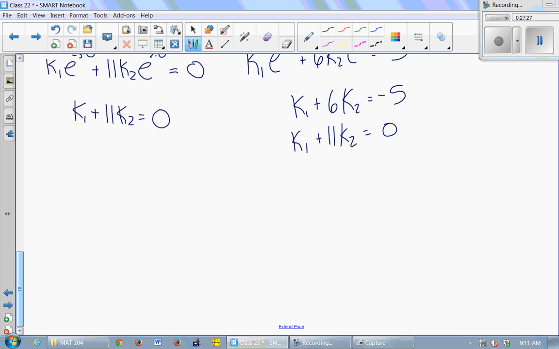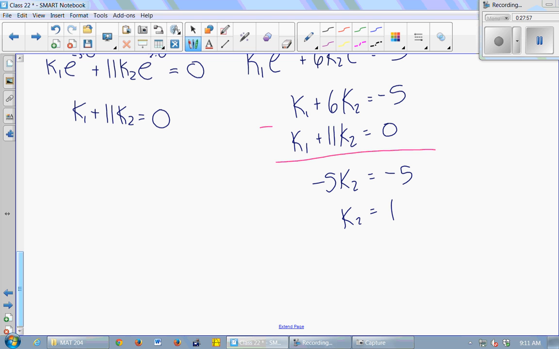You could do row reduced echelon form if you know how to do that, or you could use this old technique from an early algebra class. So I've got two equations. I can add or subtract them. k1 minus k1 is 0. That goes away. 6 k2 minus 11 k2 is -5 k2 equals -5 minus 0 is -5. So k2 is 1.